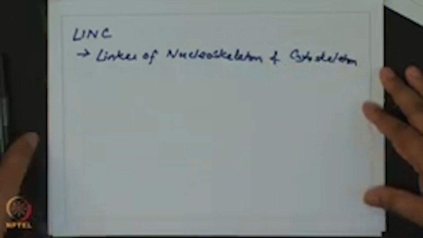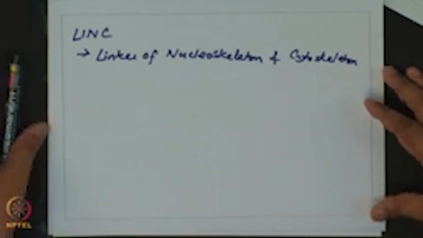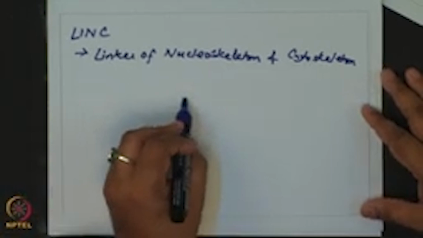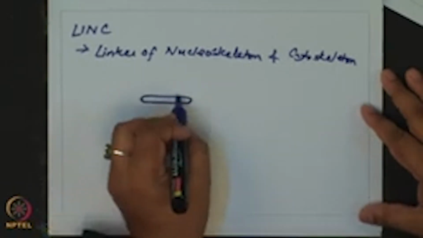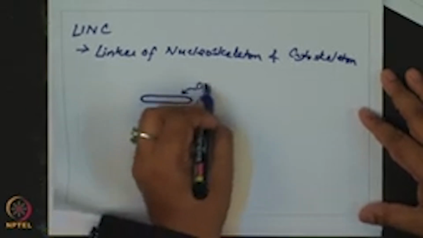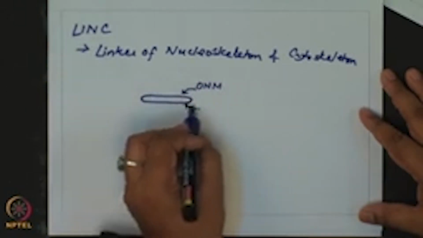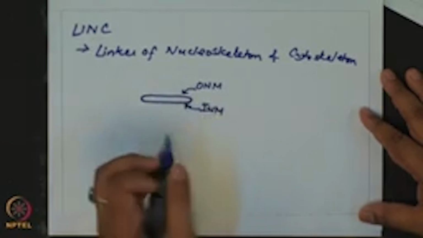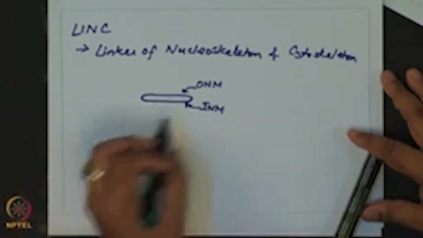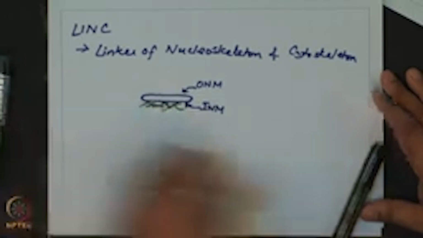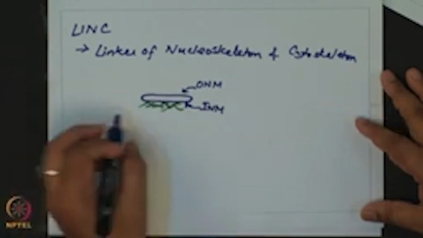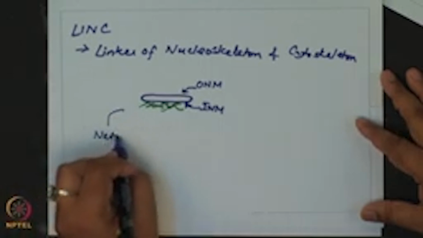So, if I draw a short segment, imagine that this is my outer nuclear membrane and this is my inner nuclear membrane. Just underneath the inner nuclear membrane you have a network of intermediate filaments. So, this is a network of intermediate filaments.